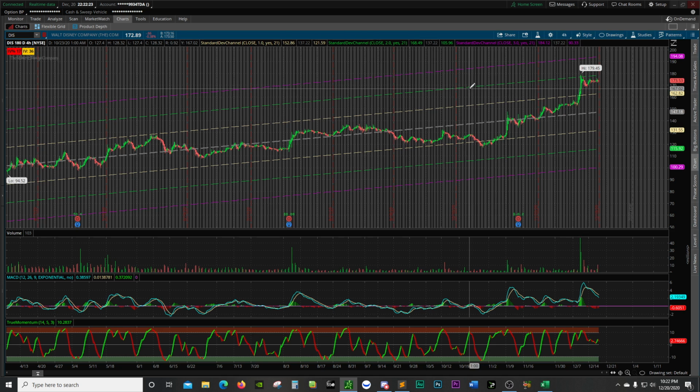I don't know what to say about this one. It's at a high, roughly. I mean, pretty close to it at least. It's going sideways, so it's consolidating. Yeah, from a technical analyst perspective, consolidation looks somewhat bullish.